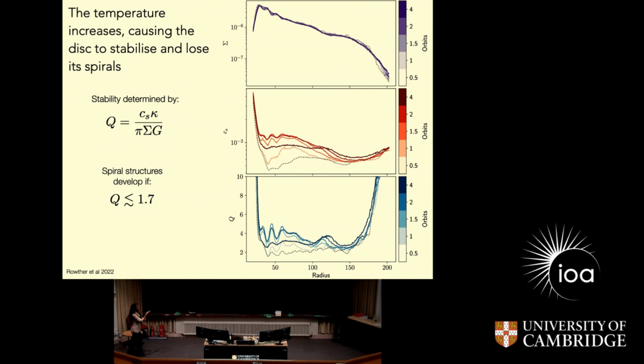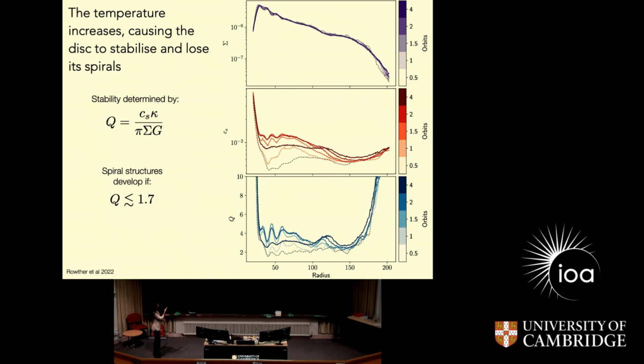But things do change when you look at the middle panel and you look at the sound speed, right? The dotted line is the initial case. As you evolve these simulations, you see that it gets hotter and hotter over time, and that temperature increase is what leads to an increase in your stability parameter, right?